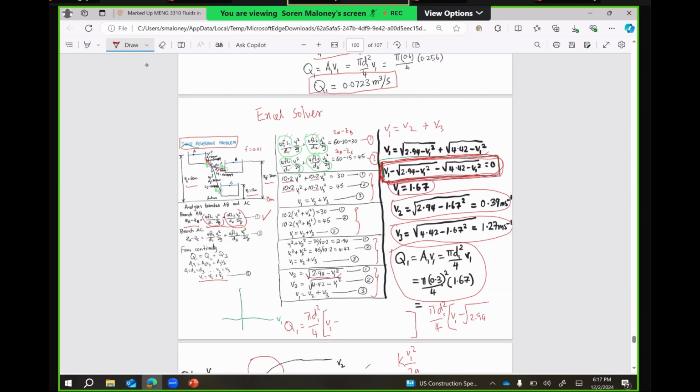Take this equation. You don't have to set up the whole thing. Just take this expression here and look up how to use the Excel solver to find the solution to this equation. It's a very easy thing. You won't believe how easy it is, right? Just take this expression and use the solver to do it. Right? That's all.